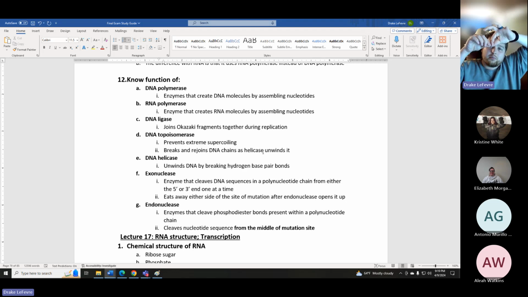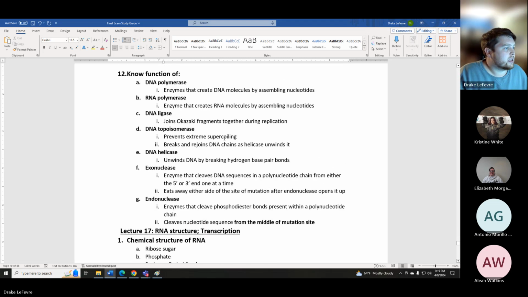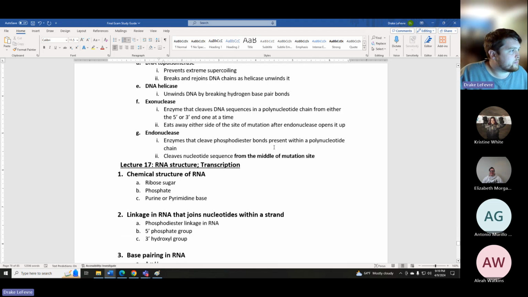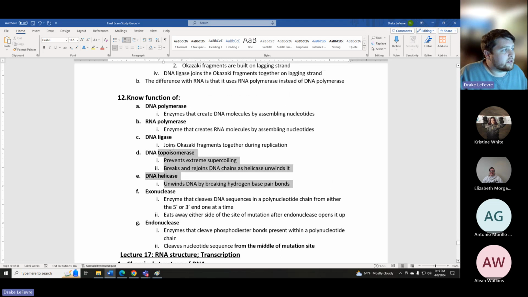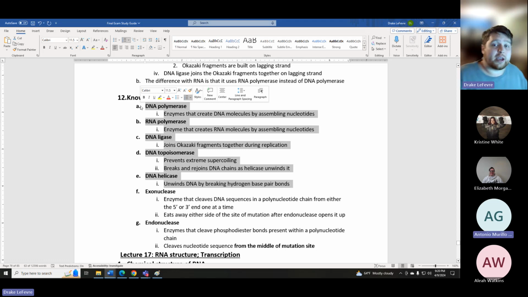It breaks the DNA strand to release the pressure and then reattaches it, over and over and over again. So that all has to do with DNA replication and mRNA formation.